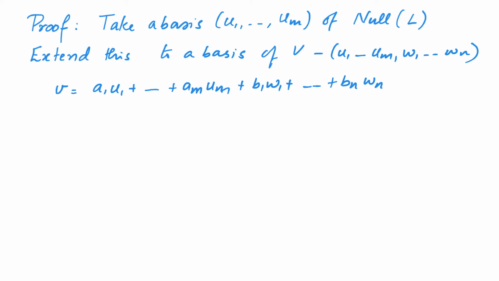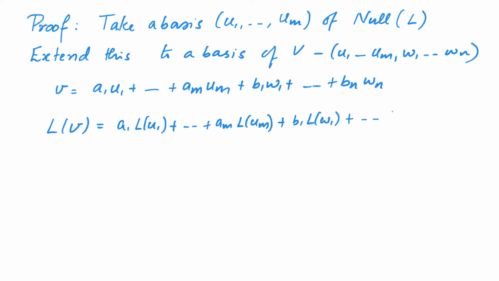And the range of L contains all elements of the form L of v. But linearity implies that we can write this as a1 into L of u1 plus etc. up to am into L of um plus b1 into L of w1 plus etc. up to bn into L of wn.